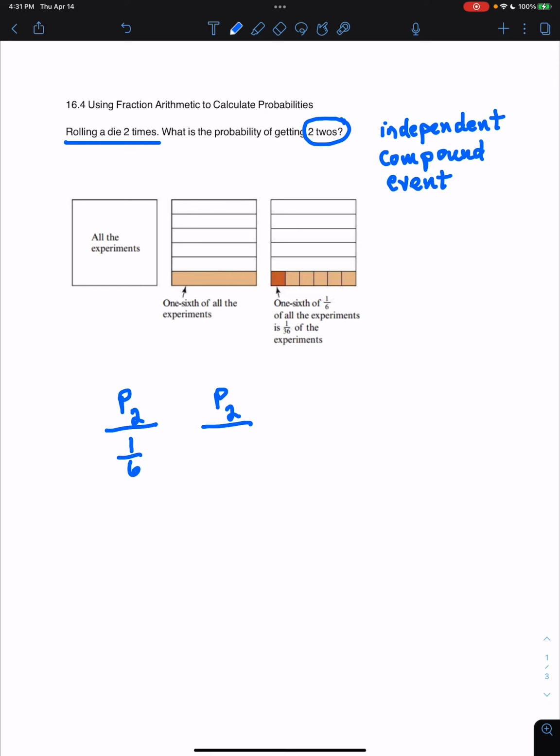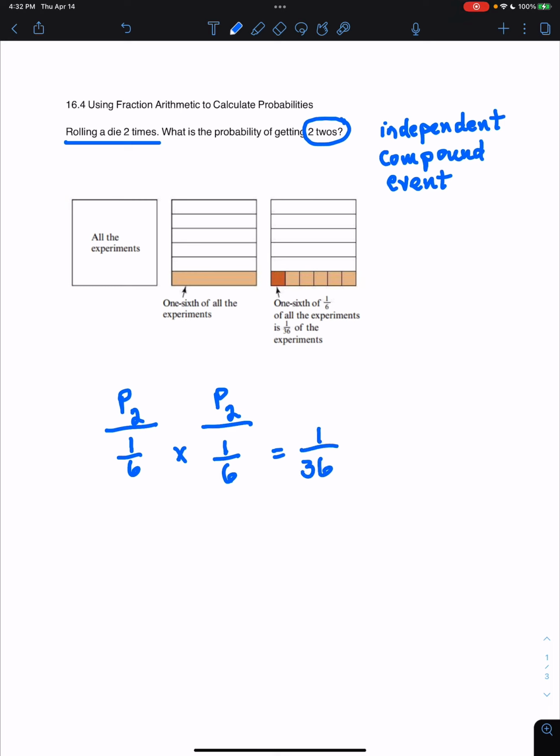Because this is independent, we didn't remove anything from our die, so the probability of getting a 2 on the second roll is also 1 out of 6. We can multiply these together and we get 1 out of 36.